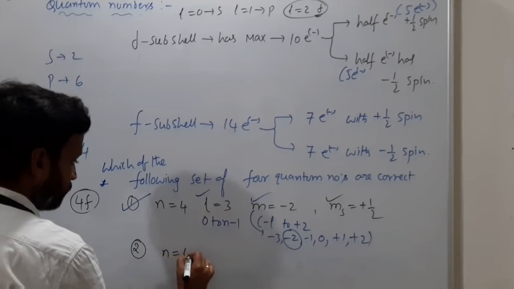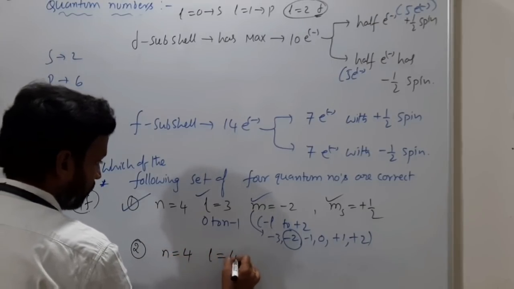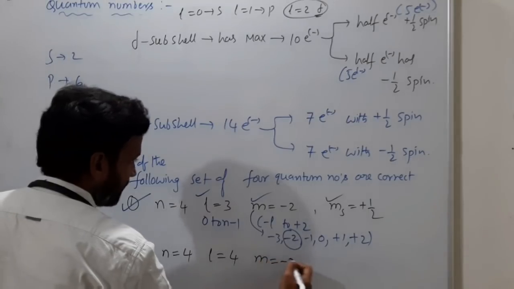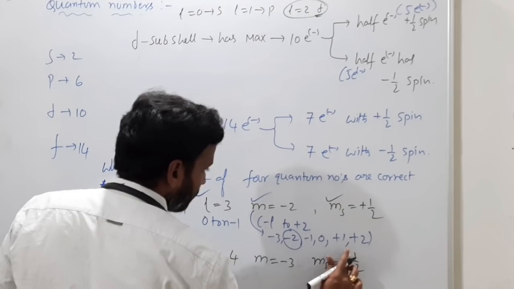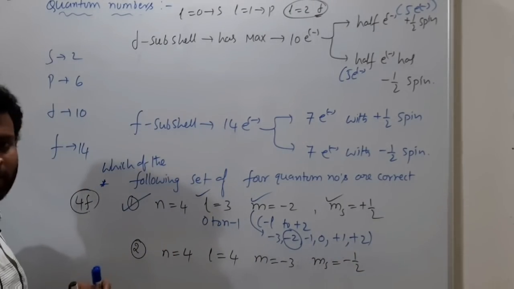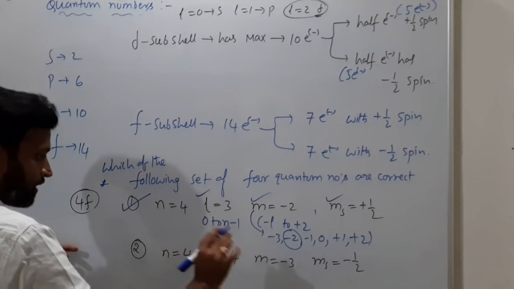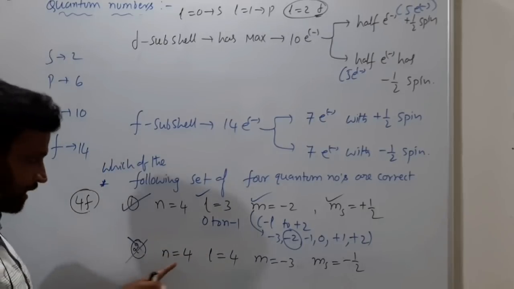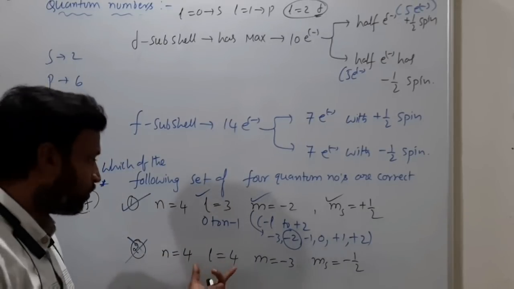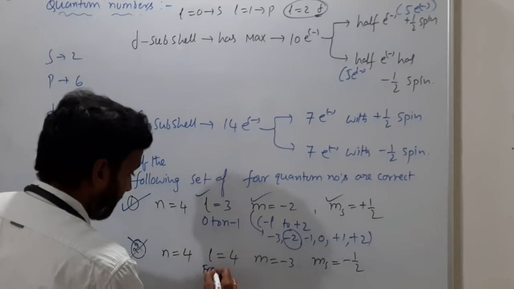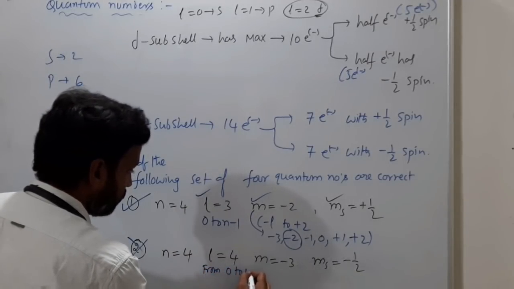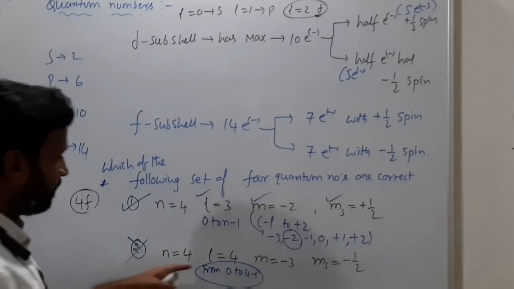Next, the second one. n is equal to 4, l is equal to 4, m is equal to -3, ms is equal to either plus half or minus half. Are these four quantum numbers for a particular electron correct or wrong? They are wrong. n is 4 and l is 4 can never be the same, because l values are from 0 to 4 minus 1 only, but I took l value 4.